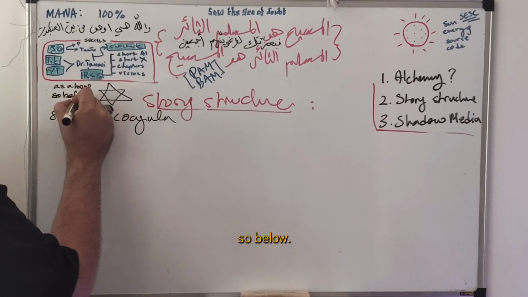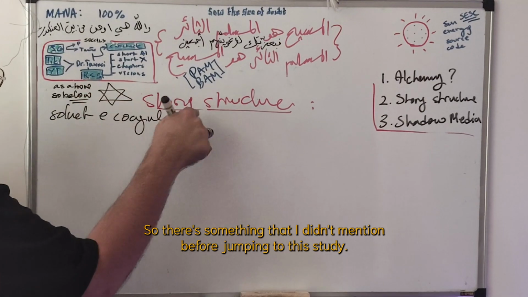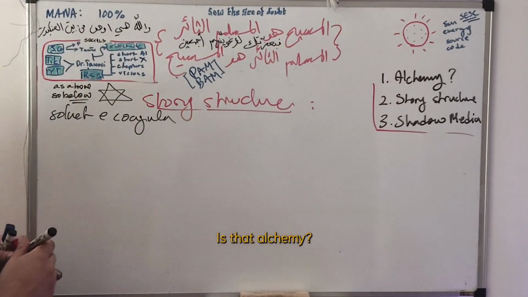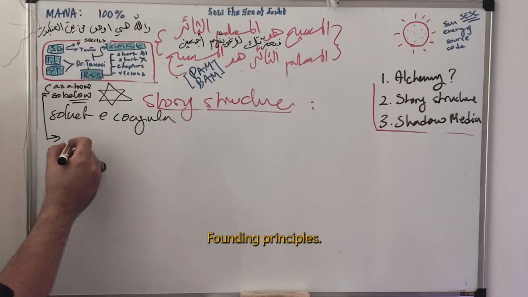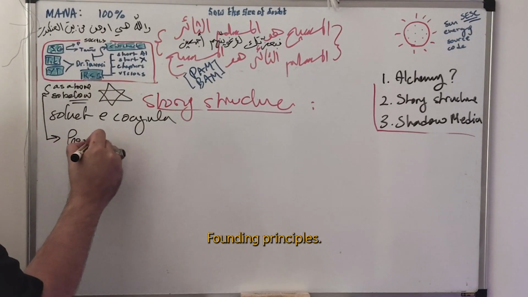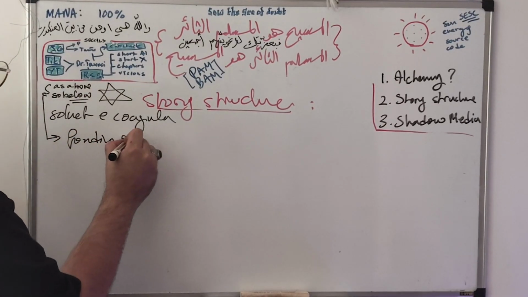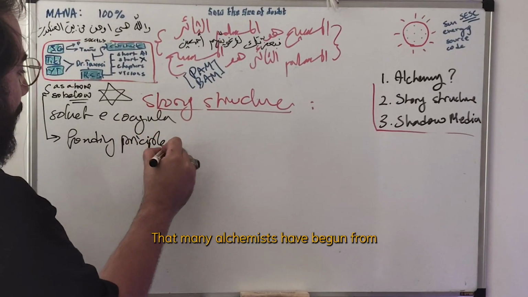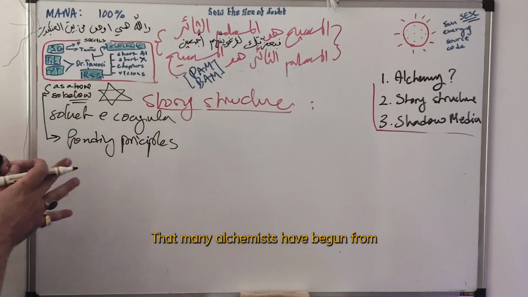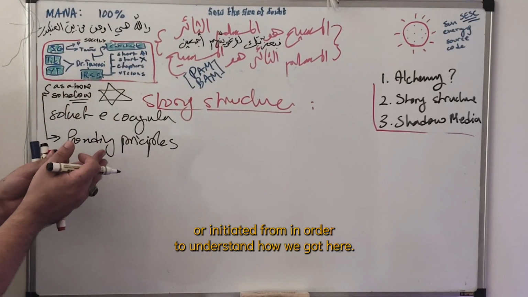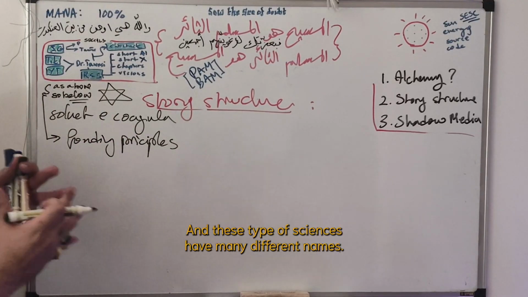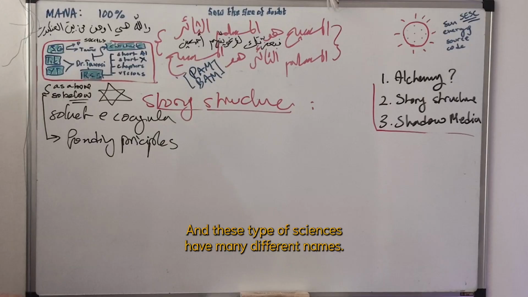so below. Something I didn't mention before jumping to this, sorry, is that this has been one of the founding principles that many alchemists have begun from in order to understand how we got here. These types of sciences have many different names.